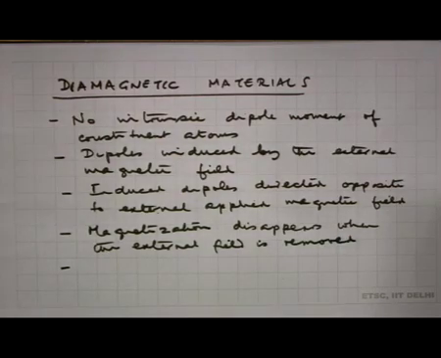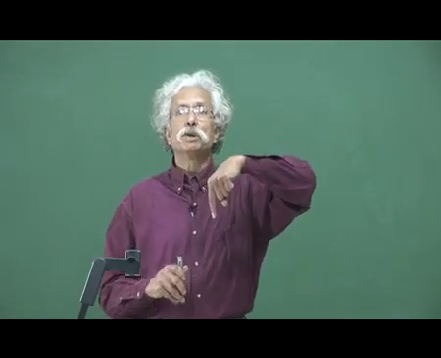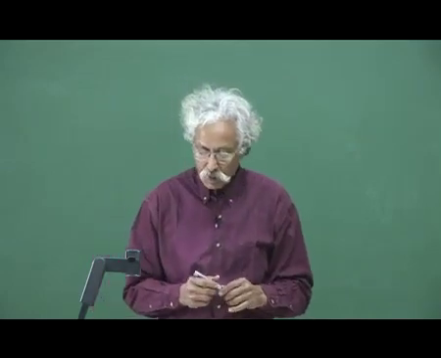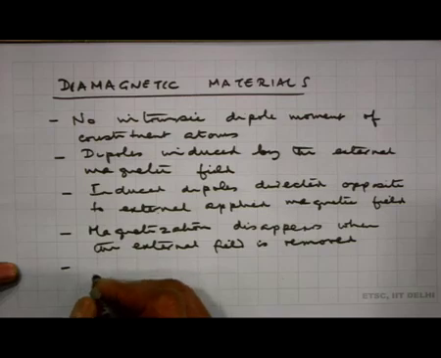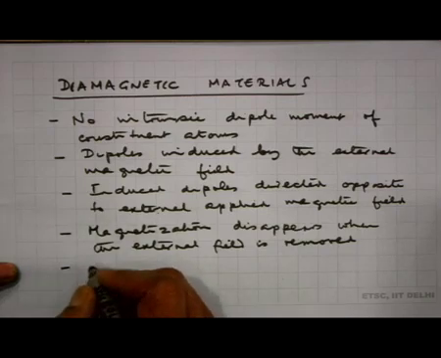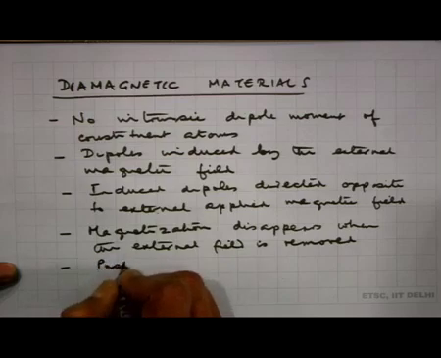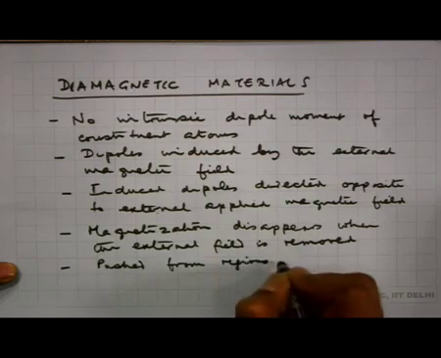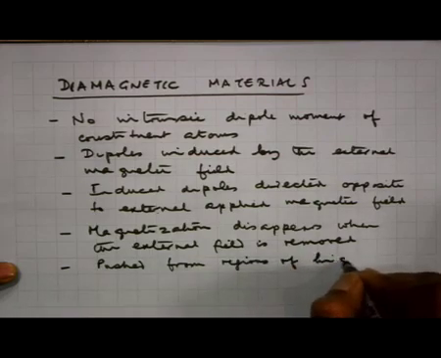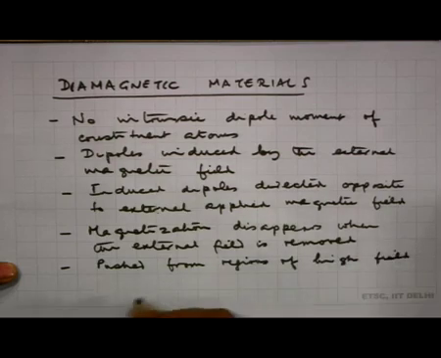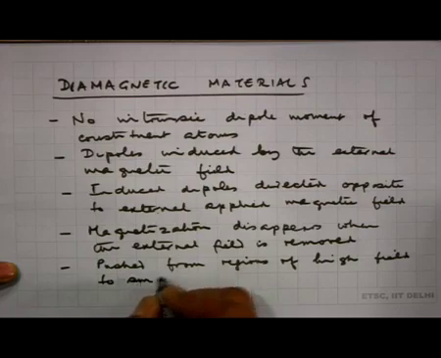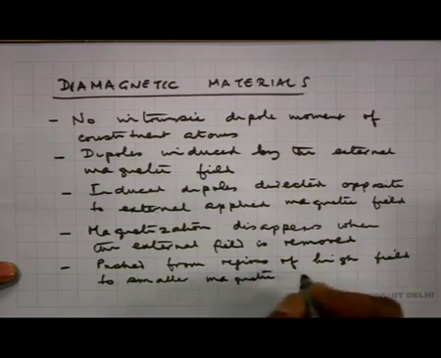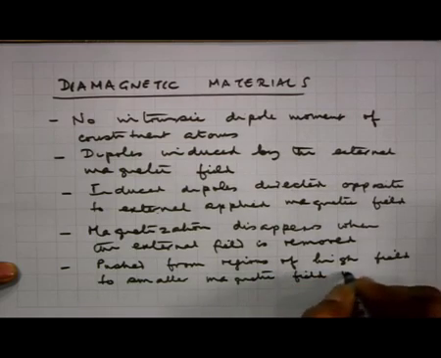It is because the dipole moments point opposite to the magnetic field that the susceptibility is negative. It is interesting that these diamagnetic materials are pushed from regions of high field to smaller B in an inhomogeneous field.